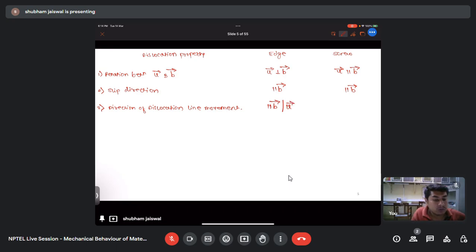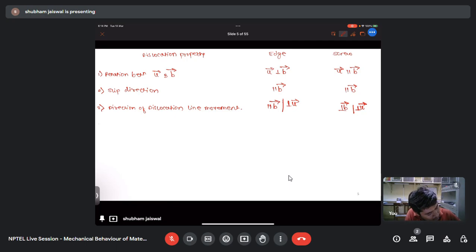Similarly, in case of screw dislocation, it is perpendicular to the Burgers vector, or simply we can say it is always perpendicular to the line vector. So remember, the direction of dislocation line movement is always perpendicular to your line vector.